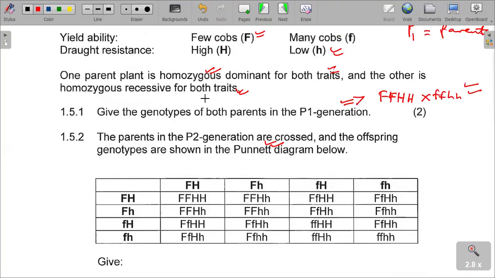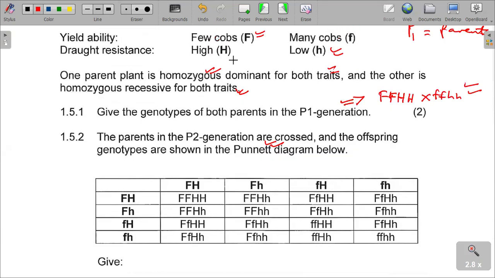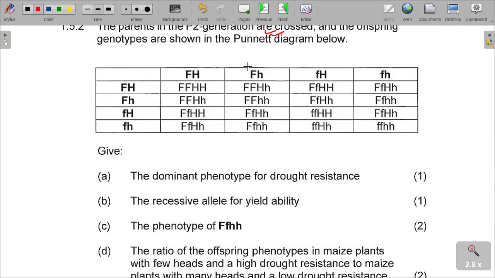Obviously, the dominant phenotype for drought resistant is supposed to be high, which is represented by dominant H. The question is saying phenotype class, and the phenotype is represented by high, which is given in our question there.